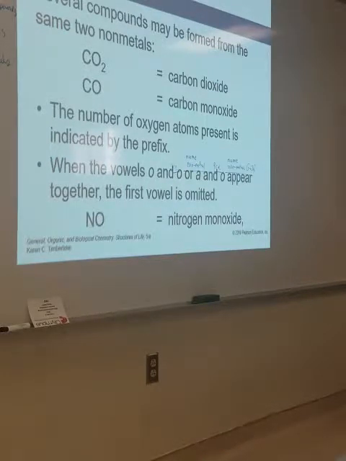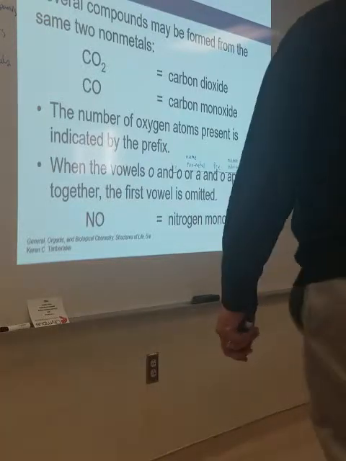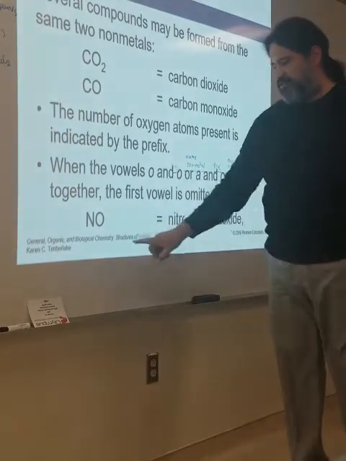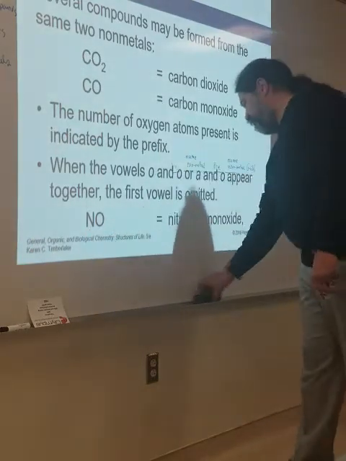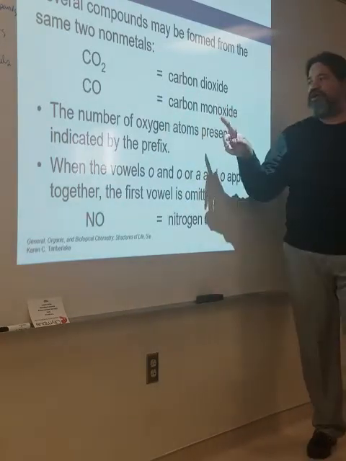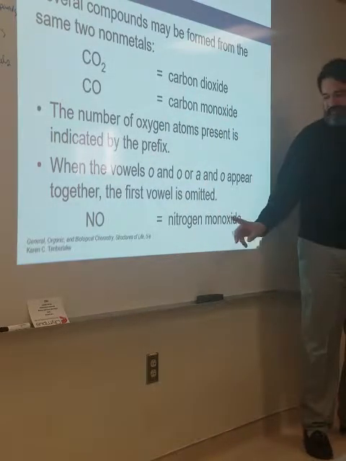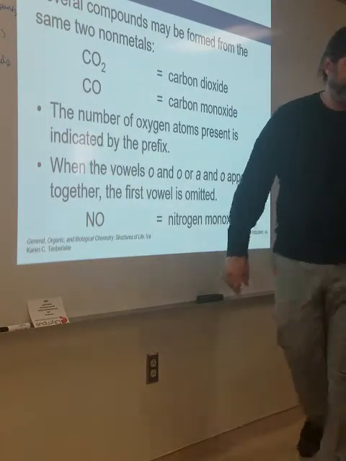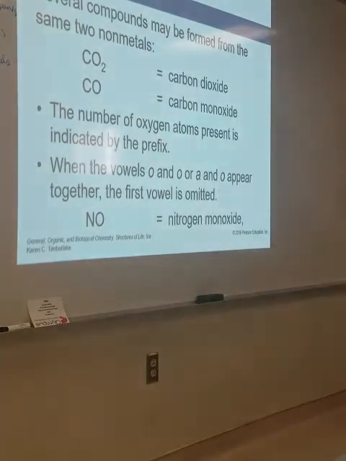So there's no prefix here, which means we have 1 carbon. There's no prefix here, which means we have 1 nitrogen. Di means 2, 2 oxygens. Mono means 1 oxygen. And once again, mono we only use for oxygen. And we do drop one of the O's.